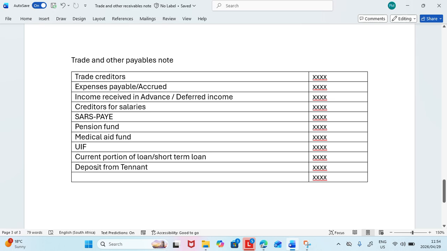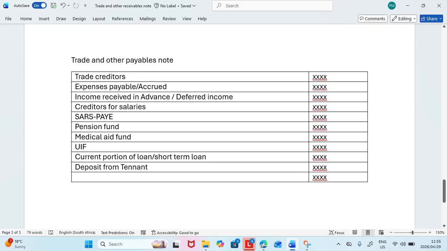If tenants have paid a deposit before renting our premises, if they have paid a deposit, that amount you classify it as current liability, because you will have to refund the client, you will have to refund the tenant. So you add it where on trade and other payables.